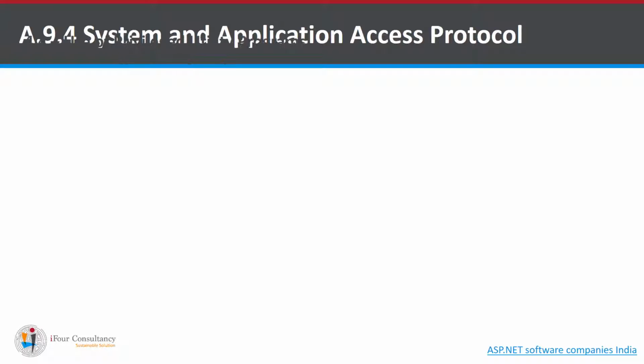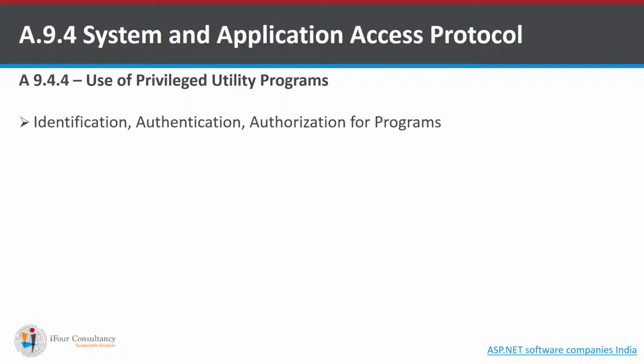The fourth control is use of privileged utility programs. It states that the use of utility programs that might be capable of overriding the system and application controls shall be restricted and tightly controlled. For such programs, identification, authorization, and authentication should be implemented.